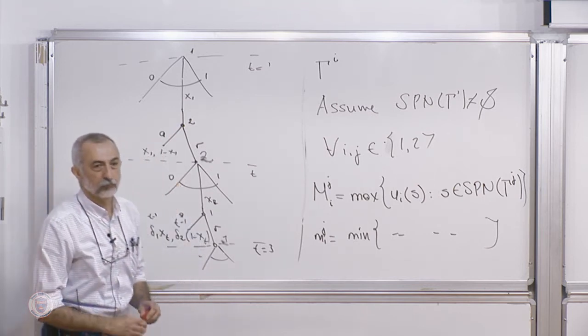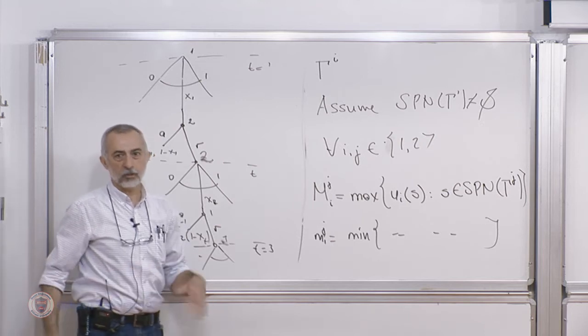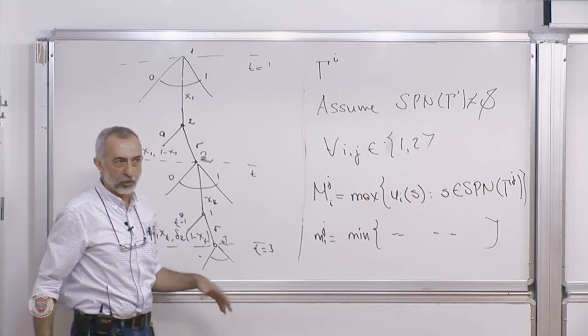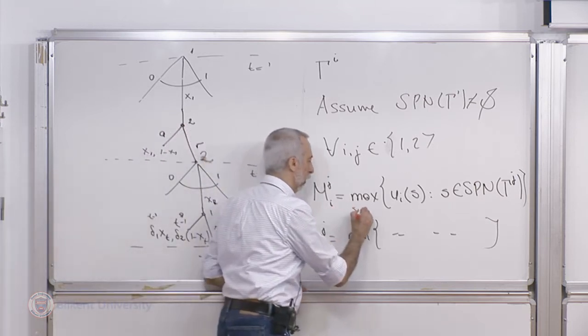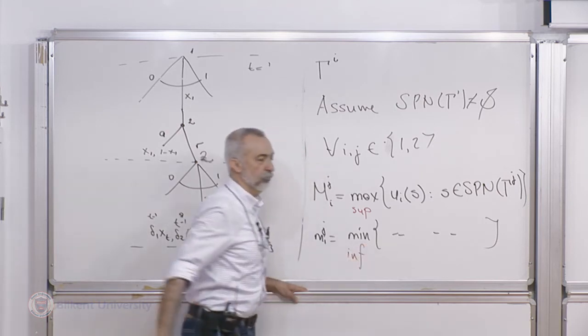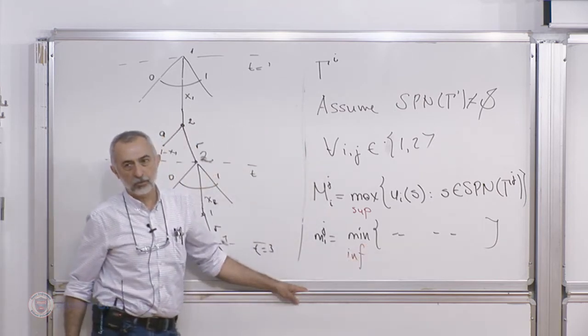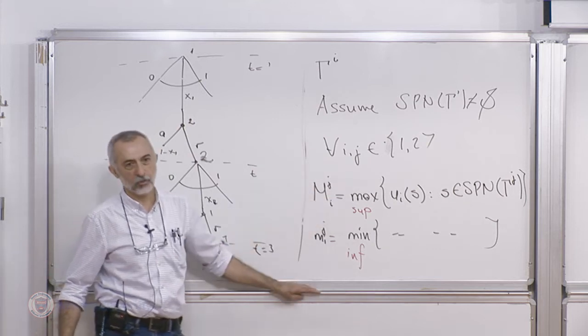Again, if I was taking a strictly mathematical approach, I wouldn't write max here, I would write sup here. I wouldn't write a min here, I would write an inf here. But for our purpose, we'll work with the max and min.